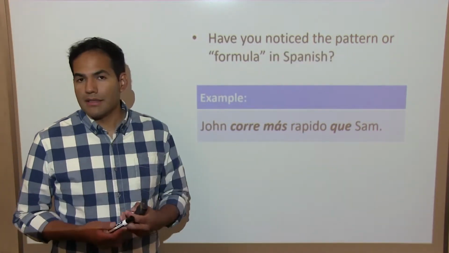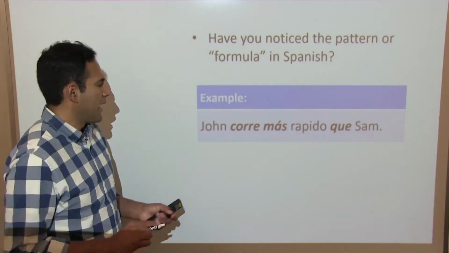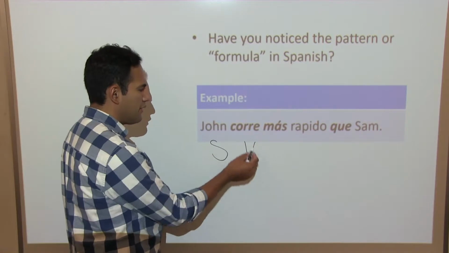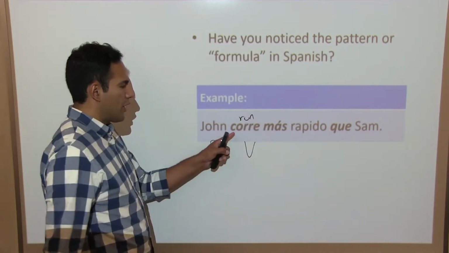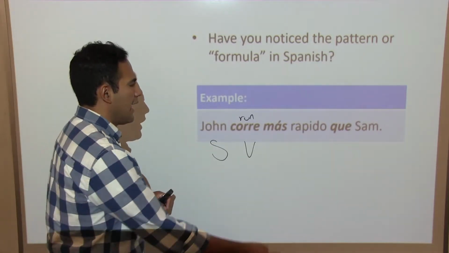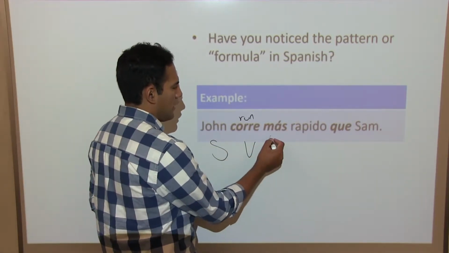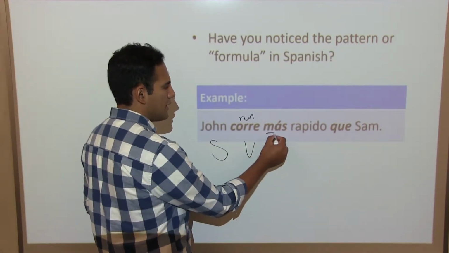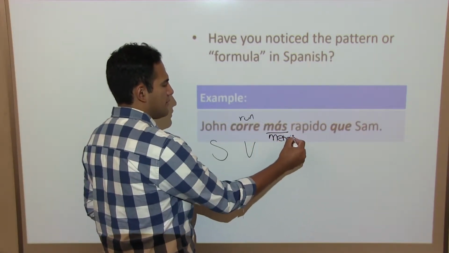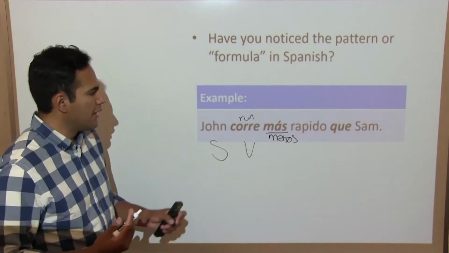So now let's break it into pieces how it works in Spanish. Here we have our subject. Again, we have our verb, in this case, corre. And notice how the verb is conjugated to the subject. Then we have our comparison of inequality, más, and it could also be menos, depending on what we're trying to compare.